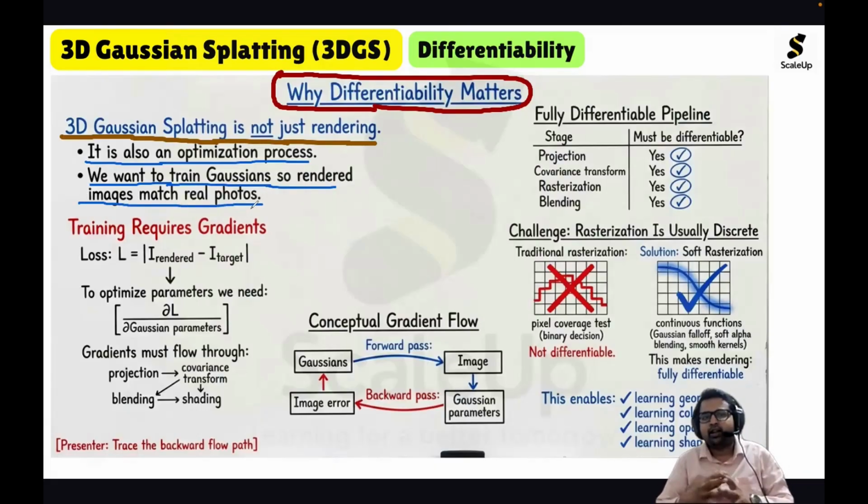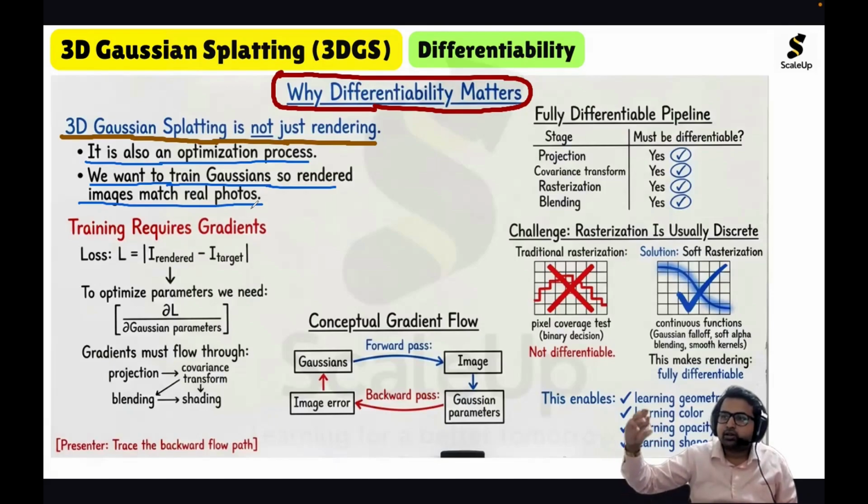For every 3D Gaussian, I will be learning the parameters: the position, the mu, the center, the covariance, the opacity, and the spherical harmonics, the colors of every 3D Gaussian. I will be learning that so that for millions of Gaussians thrown at the scene, the rendered image matches the real image.